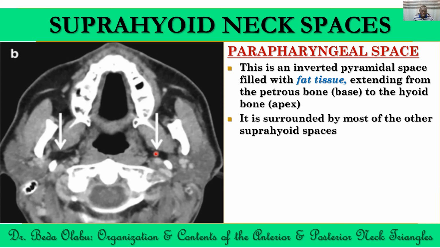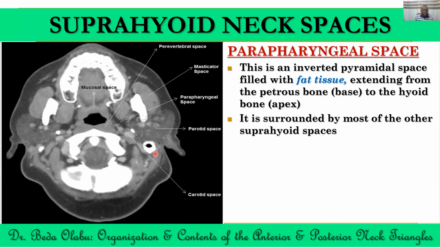Important to note is that this parapharyngeal space is relatively central if you look at the spaces for one side. It is surrounded by a number of suprahyoid spaces. Look at that one. So this is the parapharyngeal space.